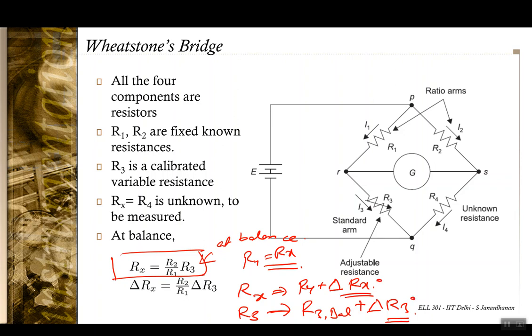So if it is balanced with the unknown resistance being R4 and the standard resistance being R3 at some balance value, then by changing R4 to R4 plus delta Rx, the adjustment in R3, the delta R3 that is required to restore the balance, is also linearly proportional to the change in unknown resistance.